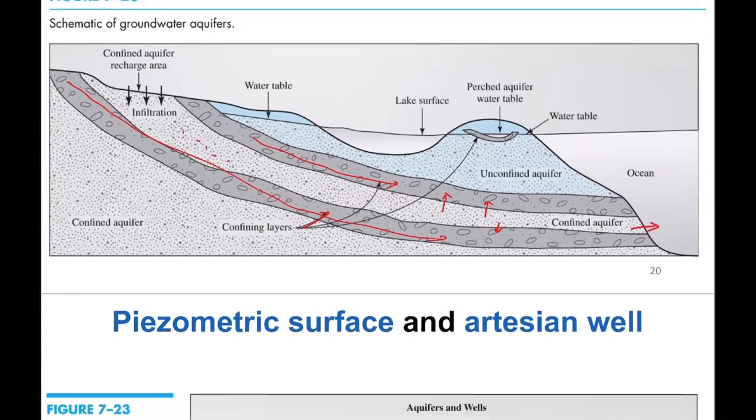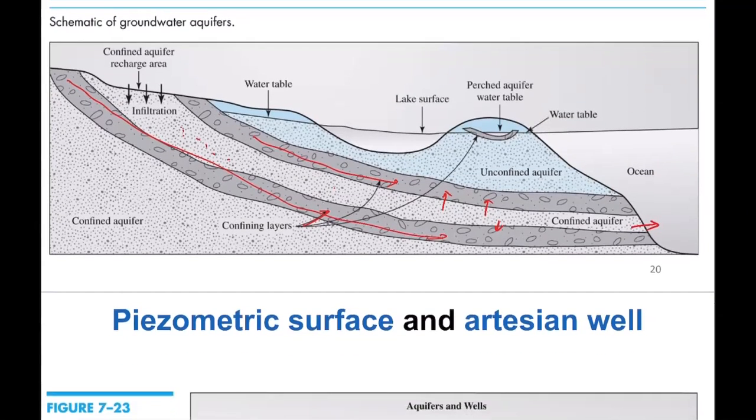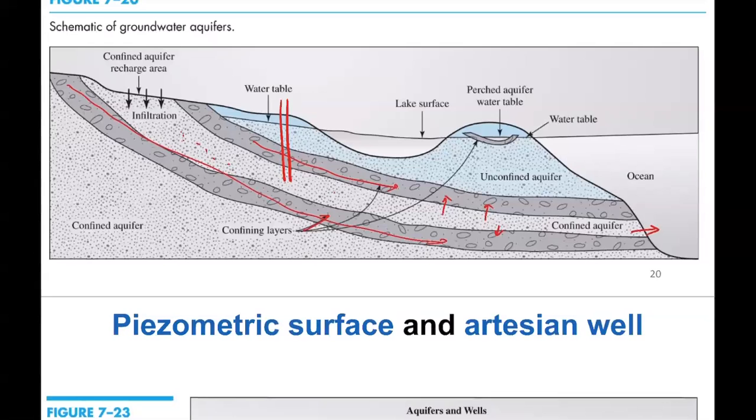But what this also means is that if we want to find underground water, we can just dig a well and reach the confined layer. And if the well has a height that's below this top layer here, if it's lower than this layer, then we're going to have water coming out automatically because of the pressure of the water, right?